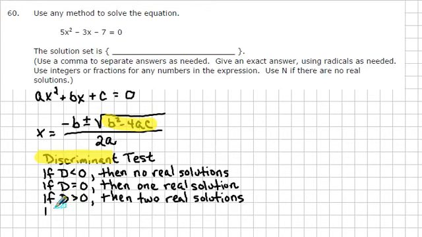So if d is a perfect square, then that means that the equation can be solved by factoring. So I'll just put then factorable.